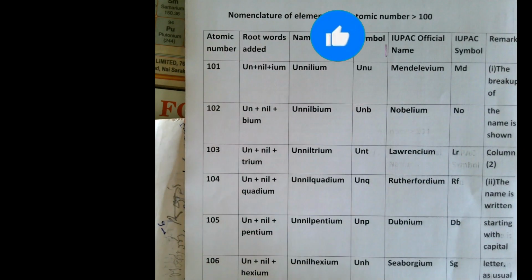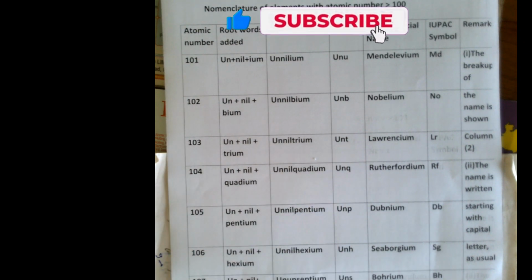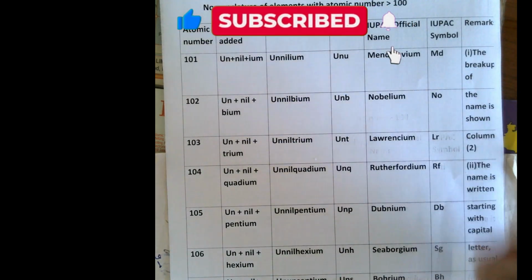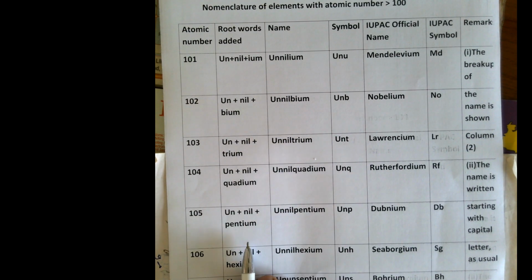So most of the elements were named that way, and here is the list of different elements which have been named according to their atomic numbers and also the IUPAC official name. For example, 105 was named with the root word unnilpentium.